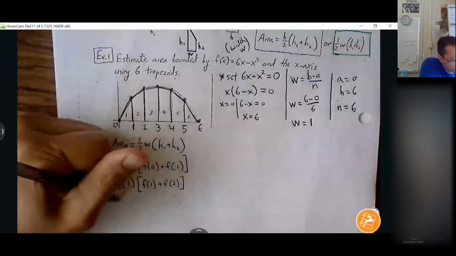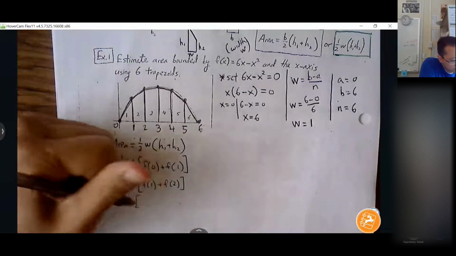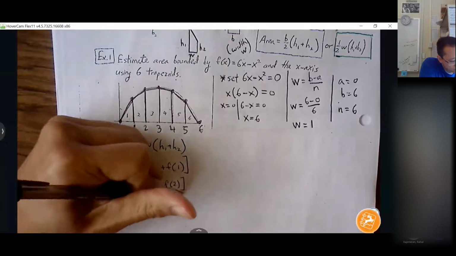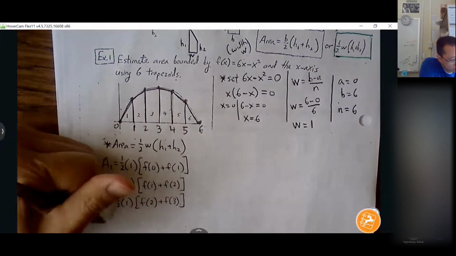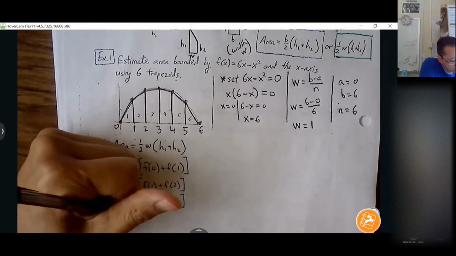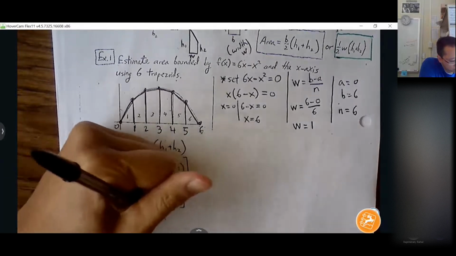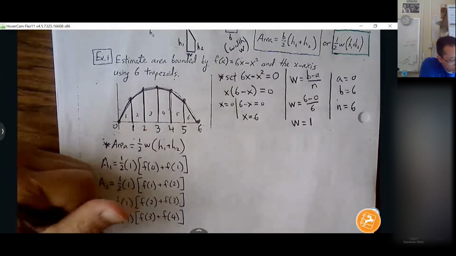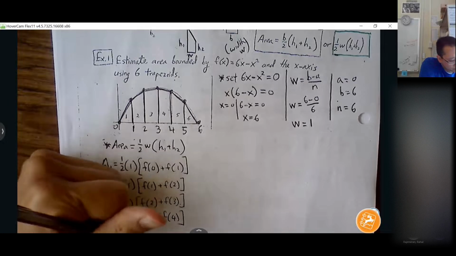Third trapezoid. It's going down the line here.